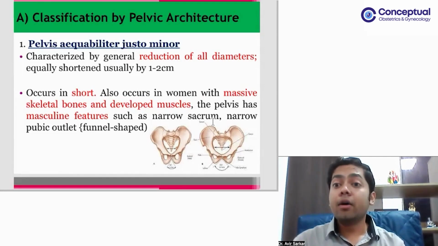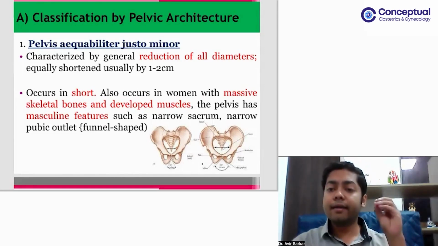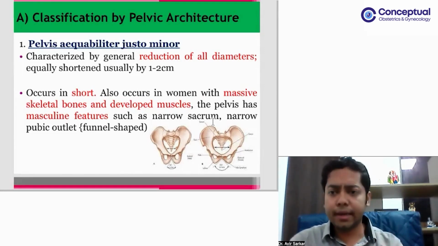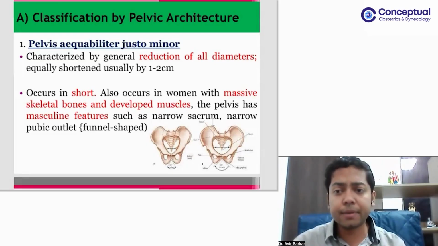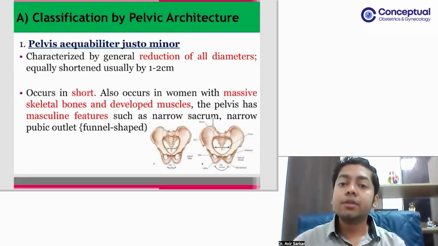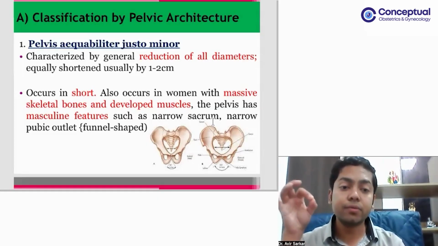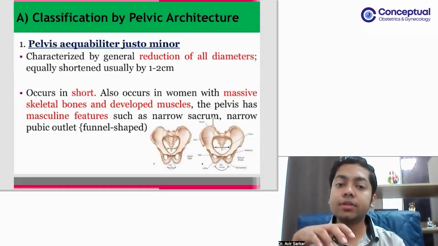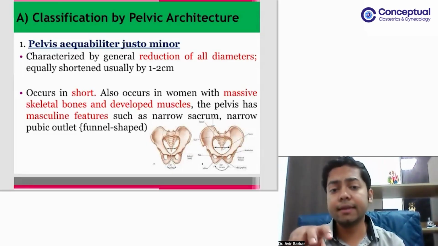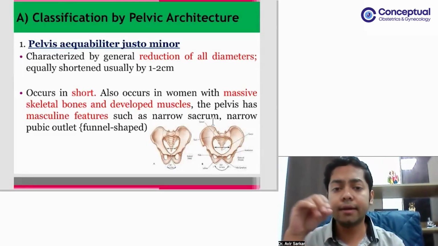That is, the diameters of the pelvis are reduced just by borderline. So the diameters reduce a little bit each. It is called equabiliter justo minor. So basically, all the diameters are reduced by 1 to 2 centimeters. It occurs in short women, and also in women with massive skeletal bones and underdeveloped muscles.